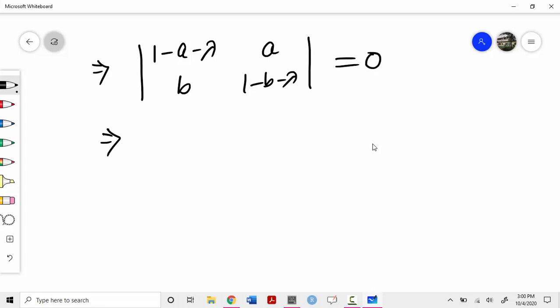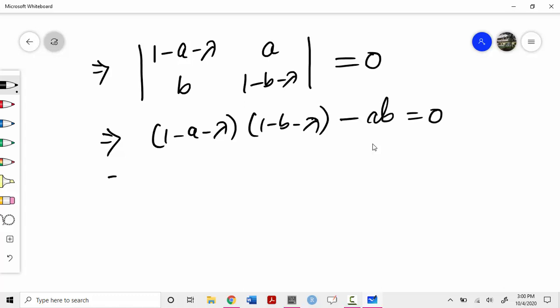So that implies (1 minus a minus lambda)(1 minus b minus lambda) minus ab equal to 0.